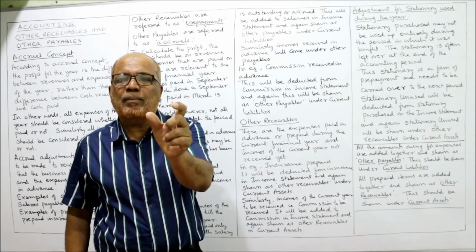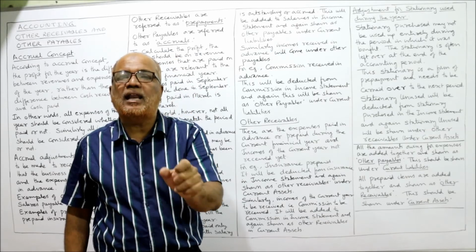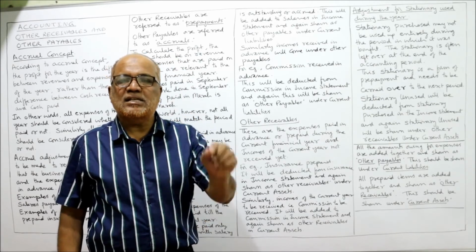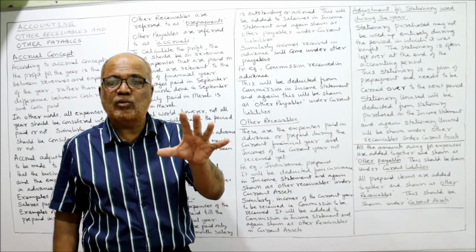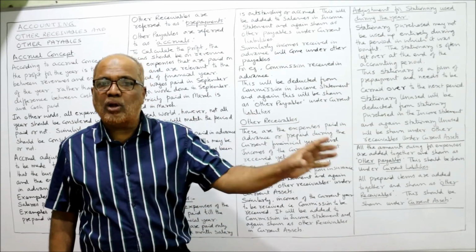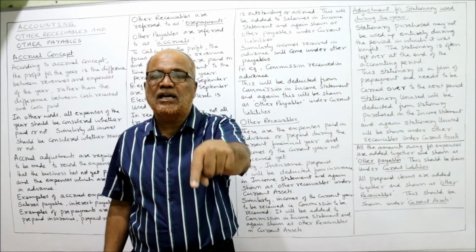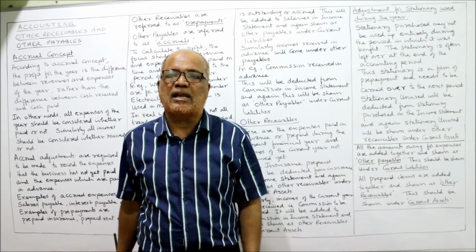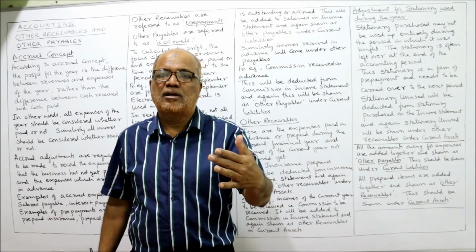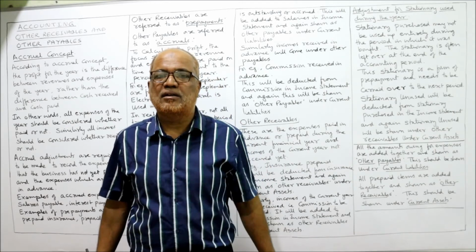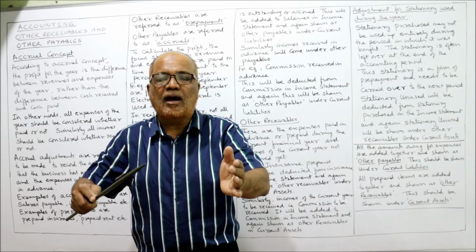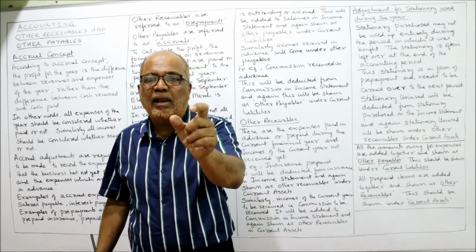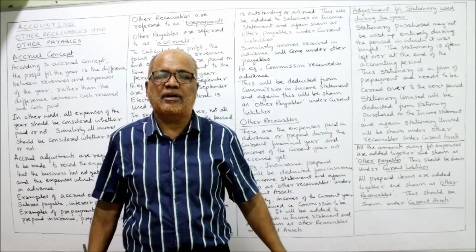And this other payable will be taken under current liabilities in the statement of financial position. This point you have to remember. Listen to this lecture with full concentration, because all these points you will get in questions. In the coming videos, I'll explain the questions, so at that time you must have this in mind. All the amounts owing should be put together and taken under other payable as a current liability.